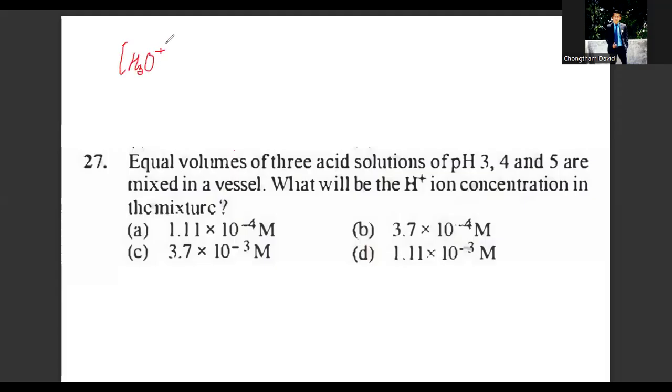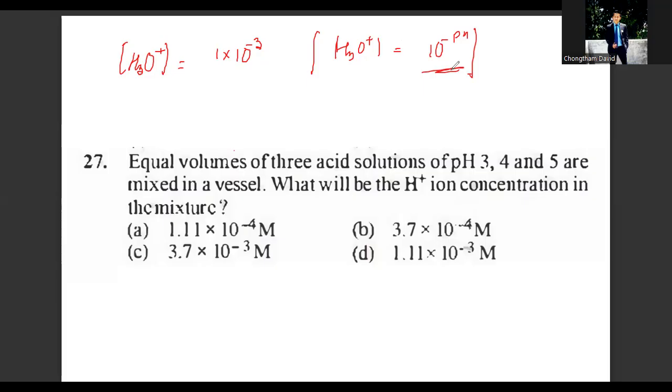From that definition itself, we can get the hydronium concentration as 10 to the power minus 3 mole per liter, because hydronium ion concentration can be written as 10 to the power minus pH. In the same way, for the solution having pH 4 it will be 10 to the power minus 4, and for pH 5 it will be 10 to the power minus 5.